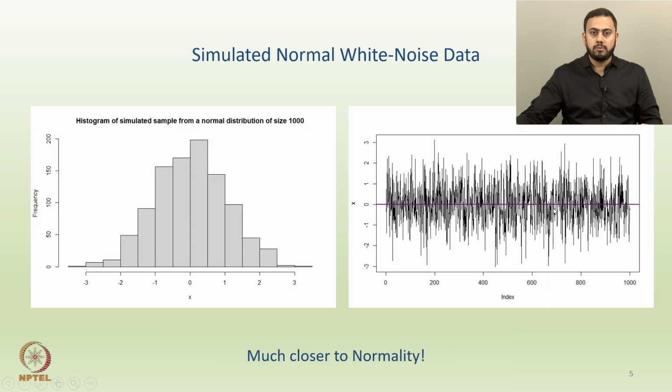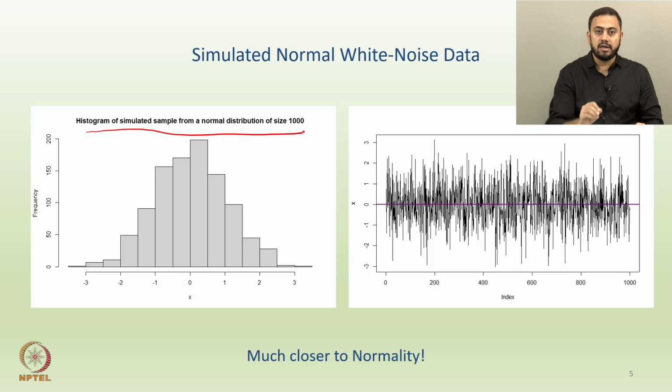Now we will see one more histogram and the subsequent plot, but this time, if you compare the means, they are much better than the earlier case. And why? Because now we are creating a normal sample using not 100 but 1000 observations, okay.